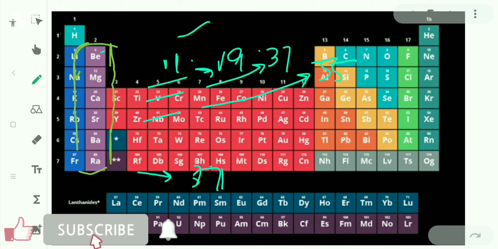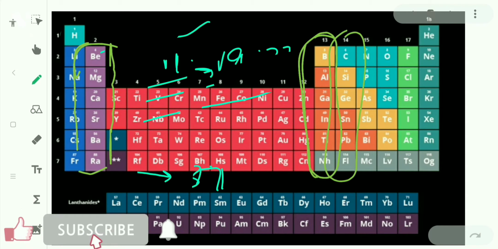And when you take the boron family, 13th group, you will have 3 electrons. When you take the carbon family, you will have 4. Nitrogen family, you will have 5.